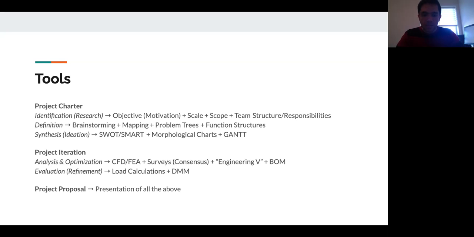And then when it gets to the process of iterating said product or goal or need to solve, you use analysis and optimization or evaluation or refinement.